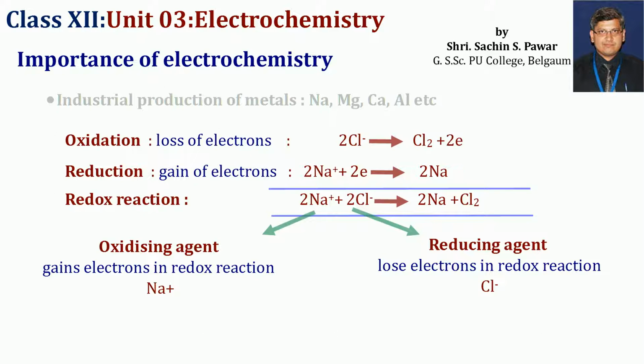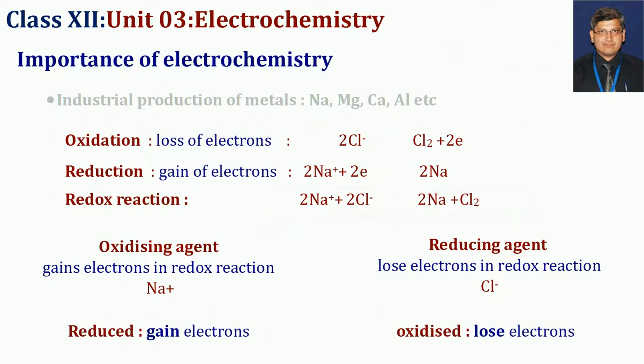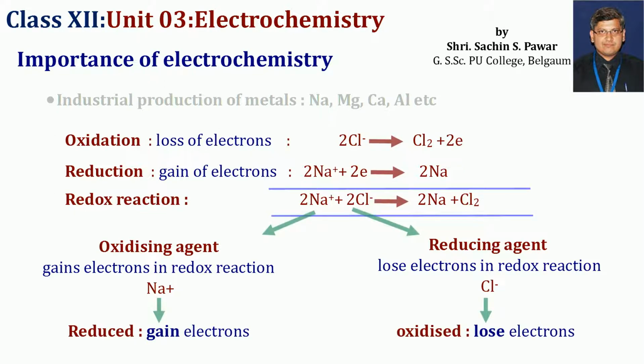So Cl minus ion is a reducing agent. Further, since Na plus has gained electrons, it is said to be reduced, while Cl minus ion has lost electron, therefore it is said to be oxidized in the reaction.